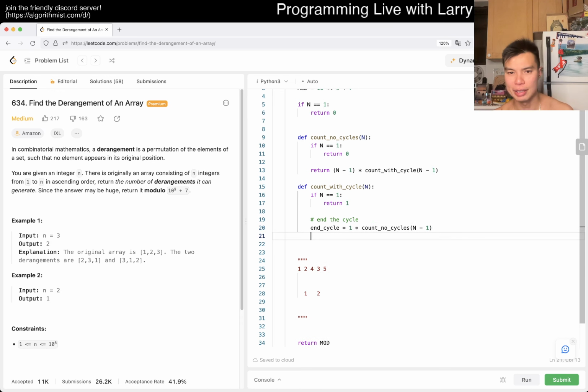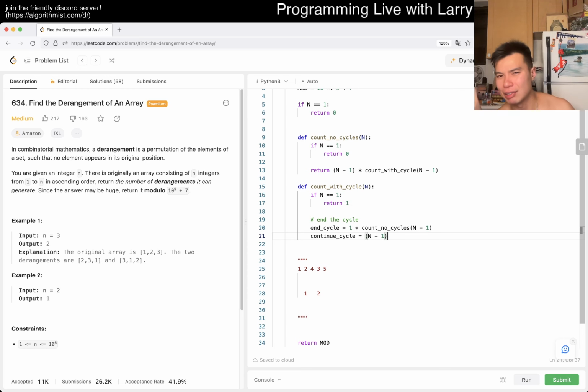And then the other thing is to continue the cycle. Continue cycle is really any other number, so that's just going to be n minus 1. The cycle phrasing is a little bit weird. The reason I say cycle is because I'm thinking in terms of permutation cycles.